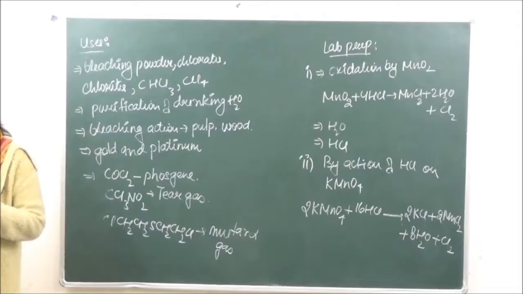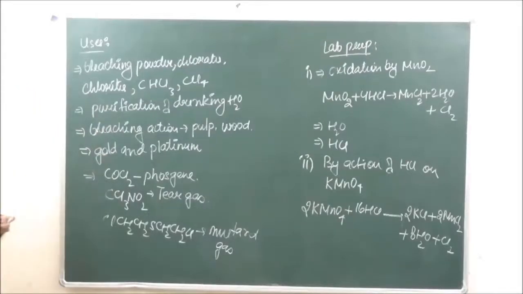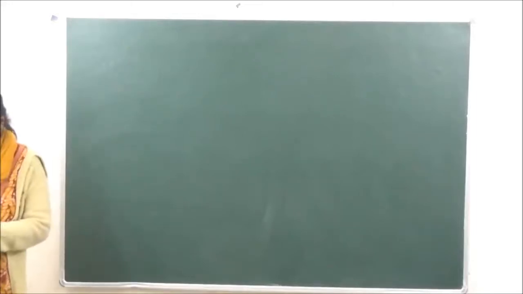Now when we are looking at the uses, let's go on to the manufacture of chlorine. The manufacture of chlorine is done by Deacon's process.